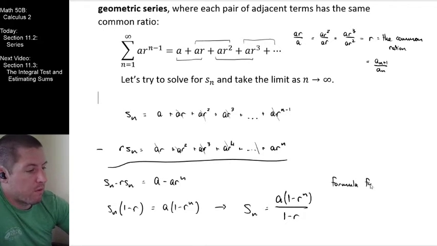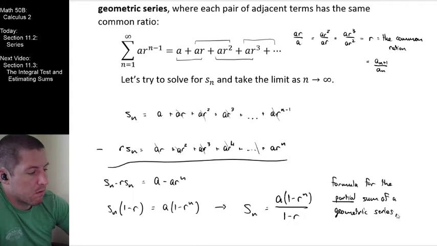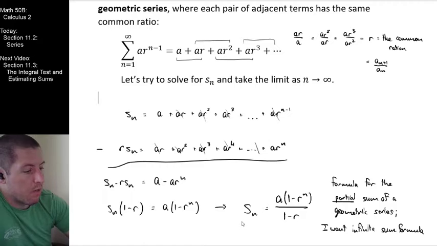So this is our formula for the partial sum of any geometric series. Right, so that's one good formula here.